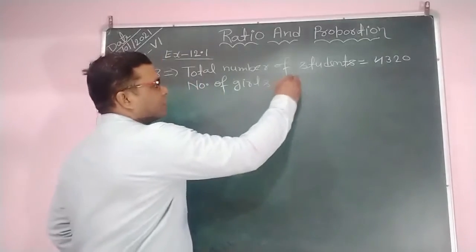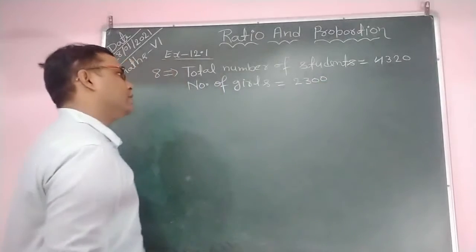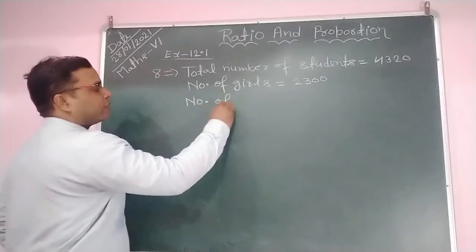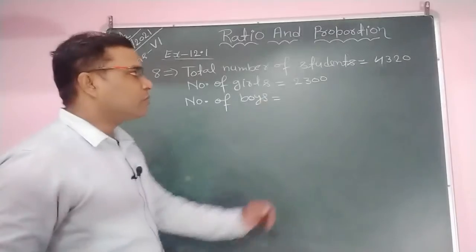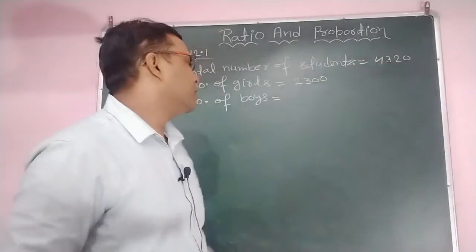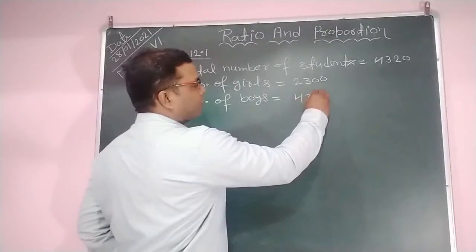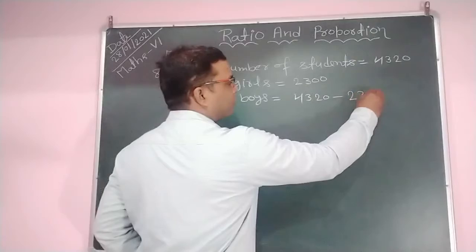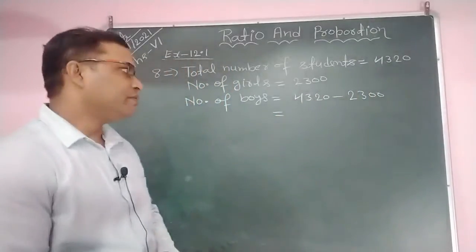The number of girls in the school is 2,300. We need to find the number of boys. So the number of boys in the school is equal to how much? If you subtract the number of girls from the total number of students, then you get the number of boys in the school. The total number of students is 4,320, and the number of girls is 2,300. So if you subtract it, then you get the number of boys.